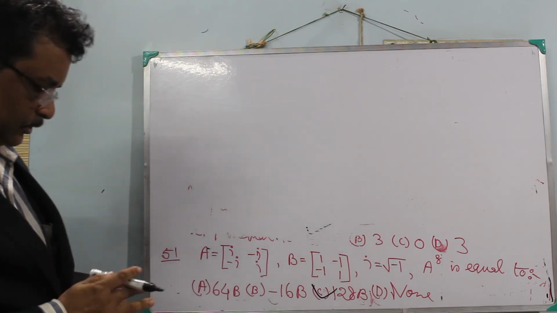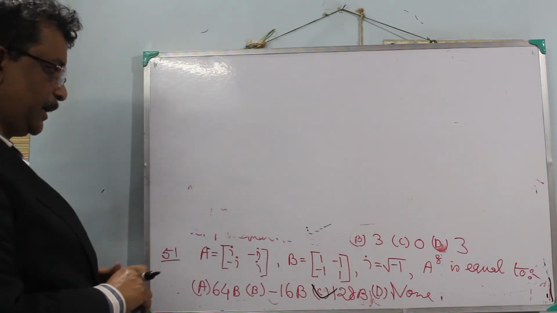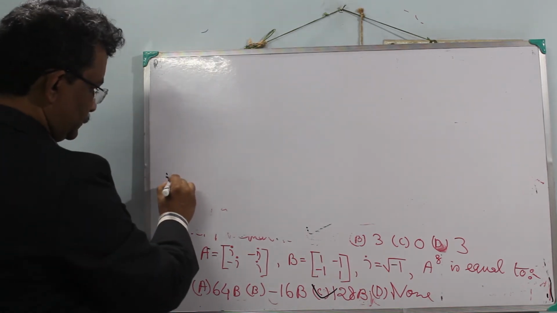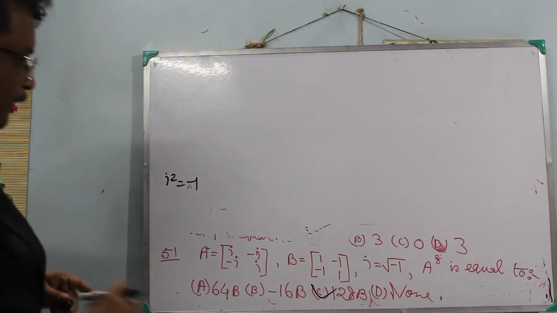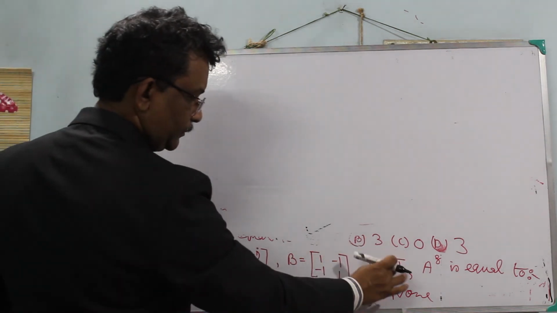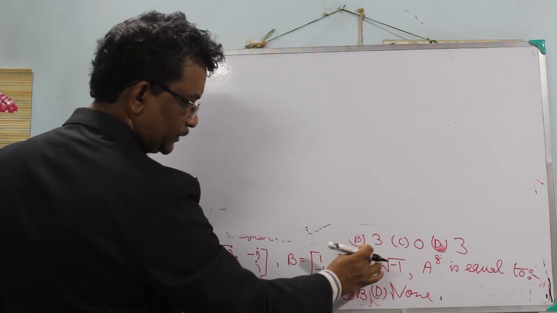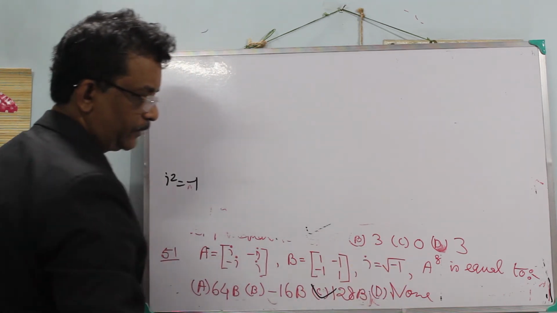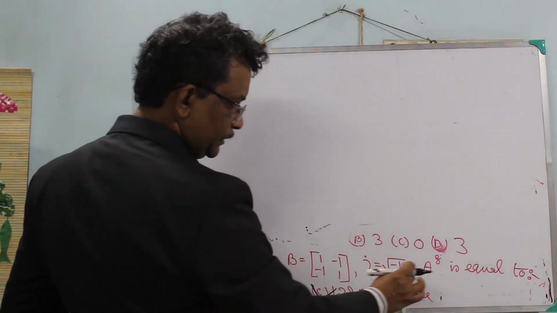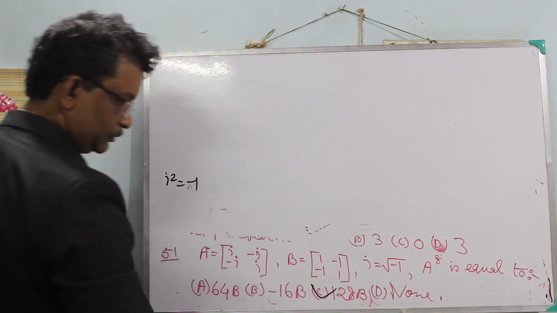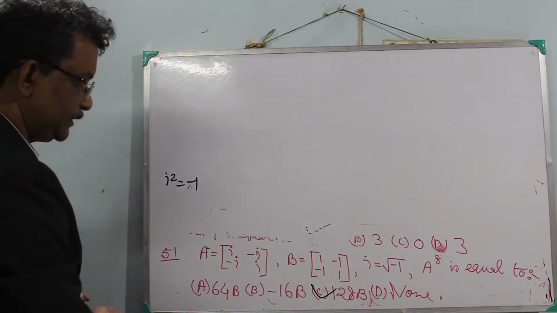That means it is the imaginary cube root of 1. i square equal to minus 1, so i square equal to only minus 1. So A is equal to this, B is equal to this. A to the power 8 is what is required, and the correct answer is C.